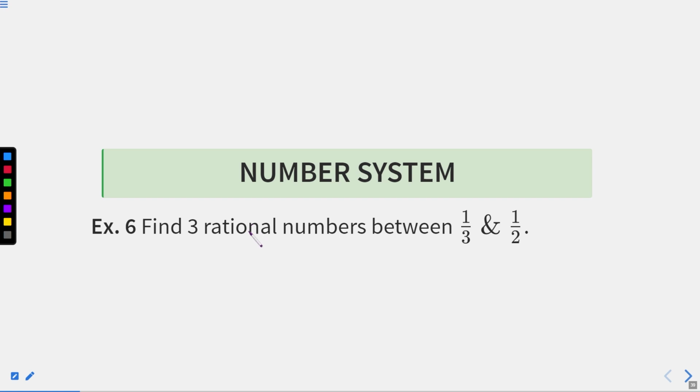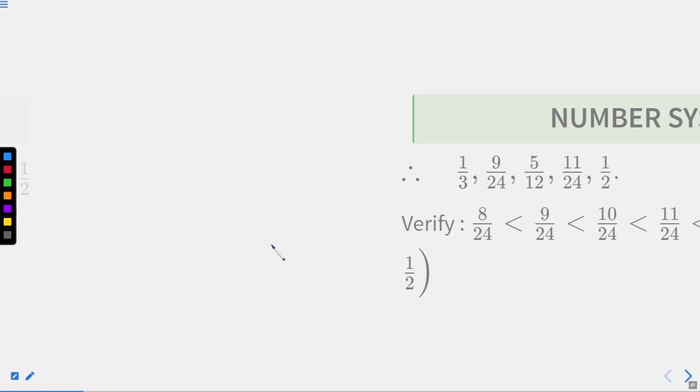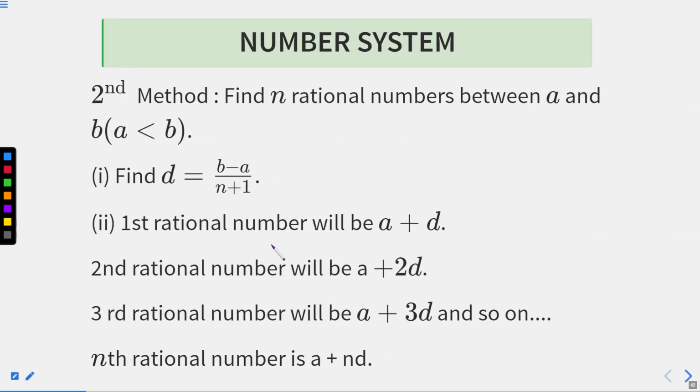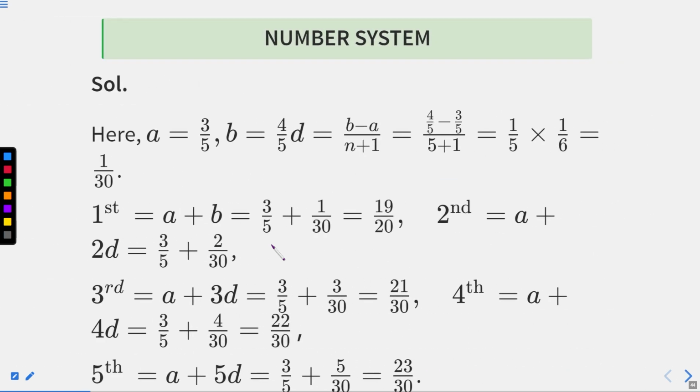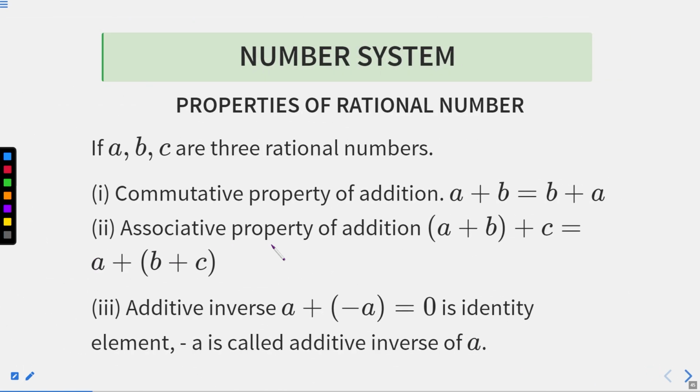This problem is similar to the previous problems, so I hope you can easily find the three rational numbers. Okay, let's move. These are just similar problems. Now let's see the properties of rational numbers.